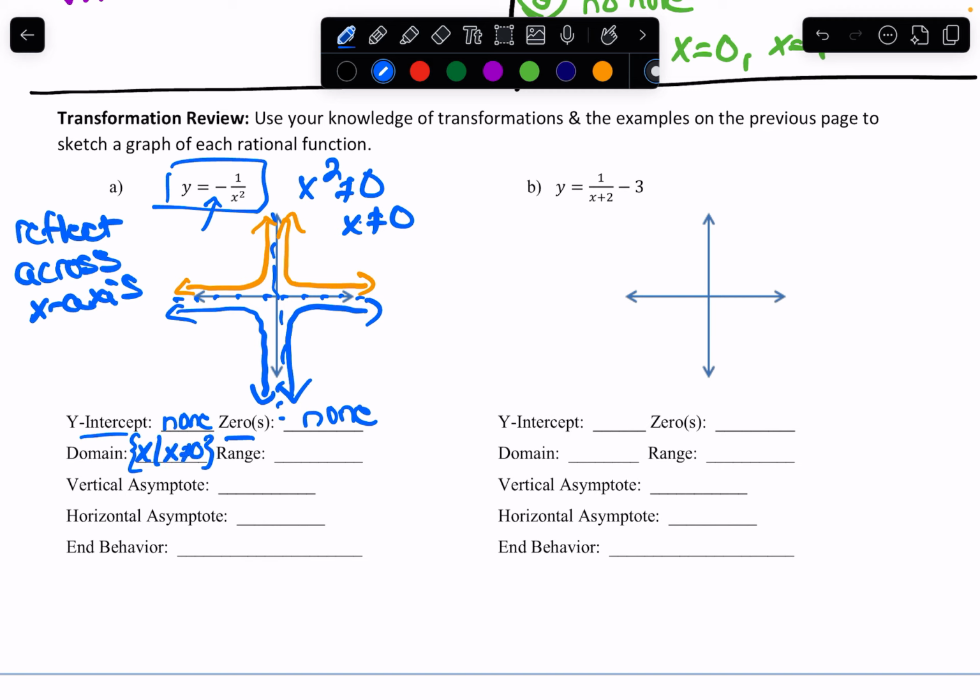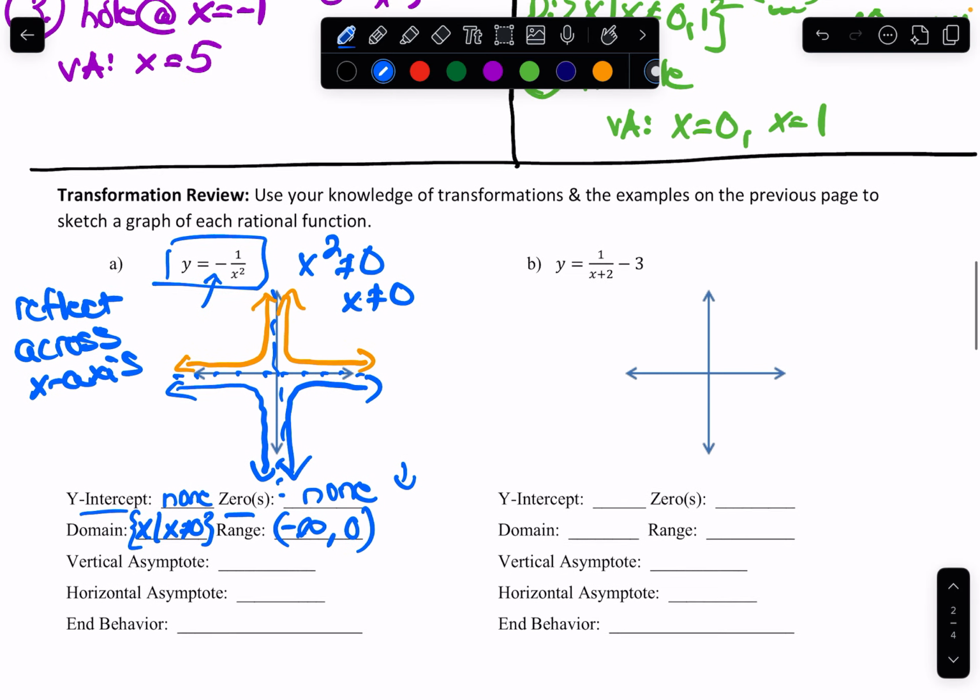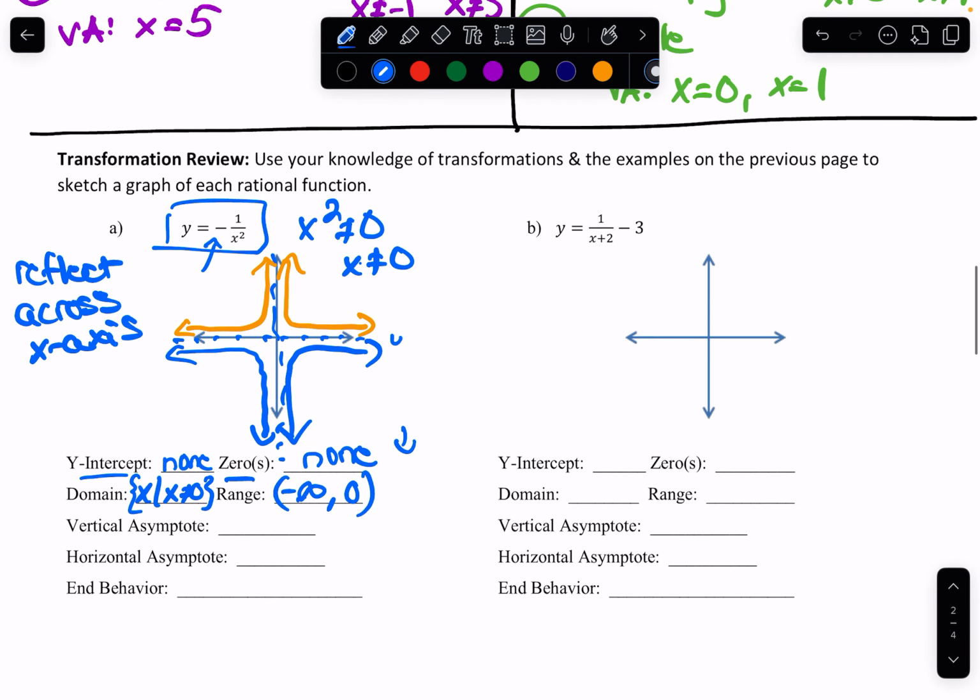Our range, we start from negative infinity down here and go all the way up to 0. 0 is not included. Again, remember that that is one of our asymptotes, like that. So vertical asymptote is x equals 0. Horizontal is y equals 0.